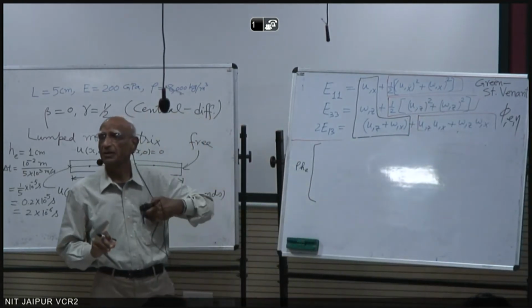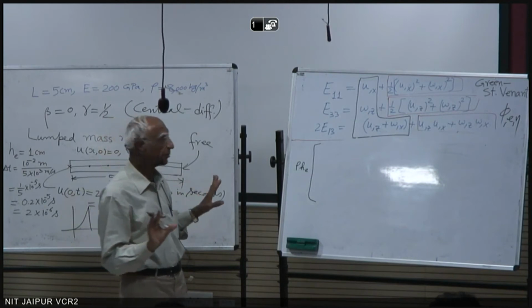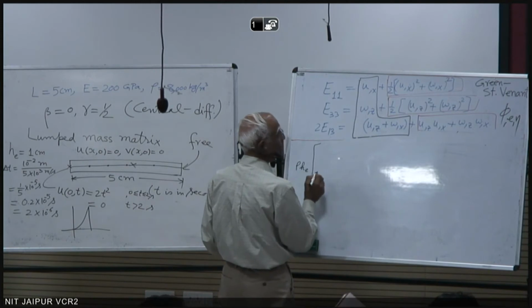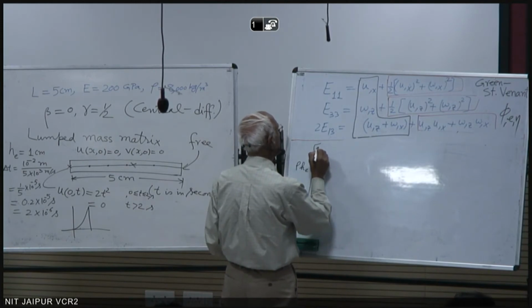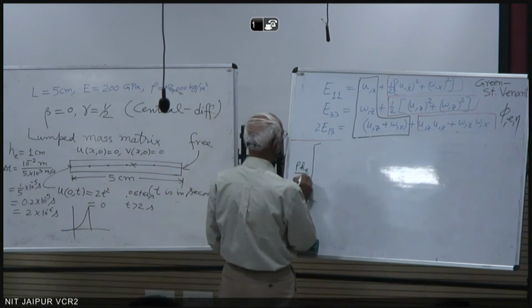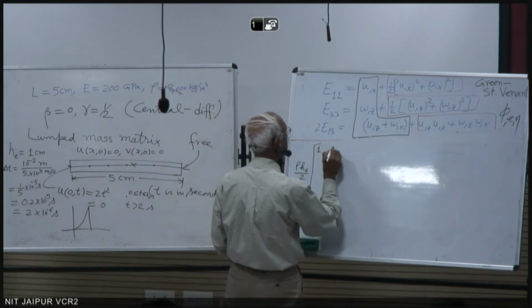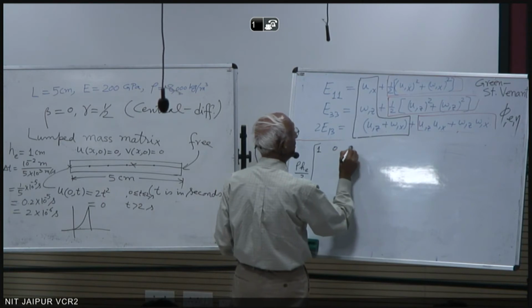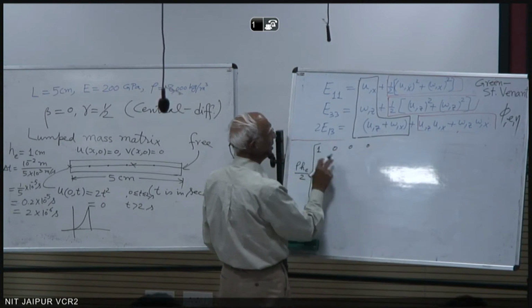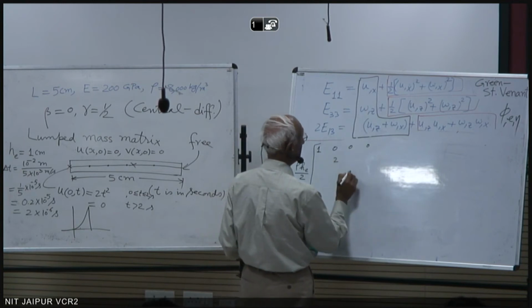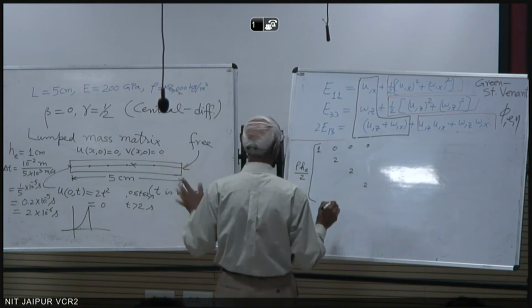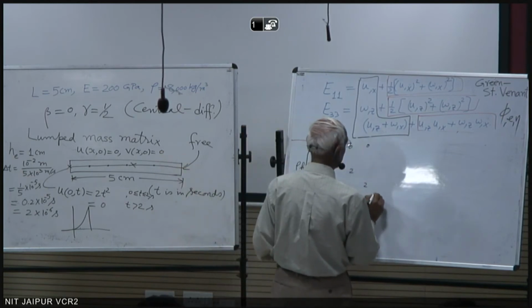So please pay attention. Your mass matrix is something like rho HE. We are using a lumped mass matrix. So you had rho HE over 2 times 1, 1, 1. So this will be 2, 2, 2, and we have 5 nodes, so 1, 2, 3, 4, 5 nodes.